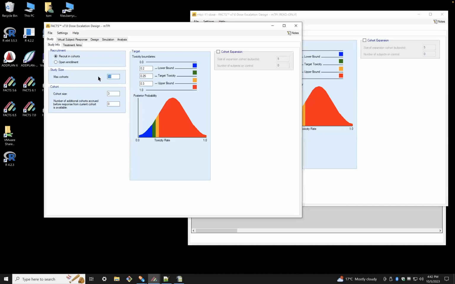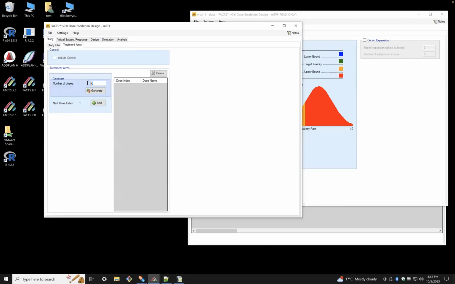I said my maximum cohorts was 15. I said my range was going to be 0.15, the middle of the band being 0.225, and the upper band being 0.3. I was going to have 11 treatment arms.